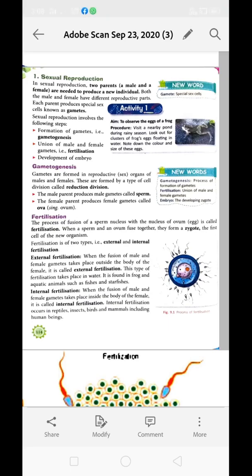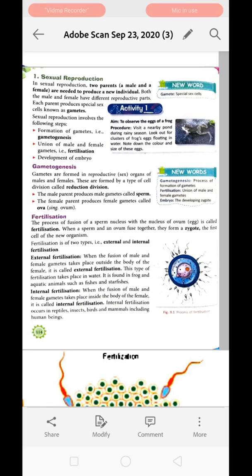Why? Because in this type of division, the number of chromosomes, which were originally in pairs in somatic cells, meaning other body cells, is reduced to half. A cell carrying half the number of chromosomes, or unpaired chromosomes, is called haploid. Gametes carry only one part of the pair, that is, unpaired chromosomes, and that is why they are called haploid.